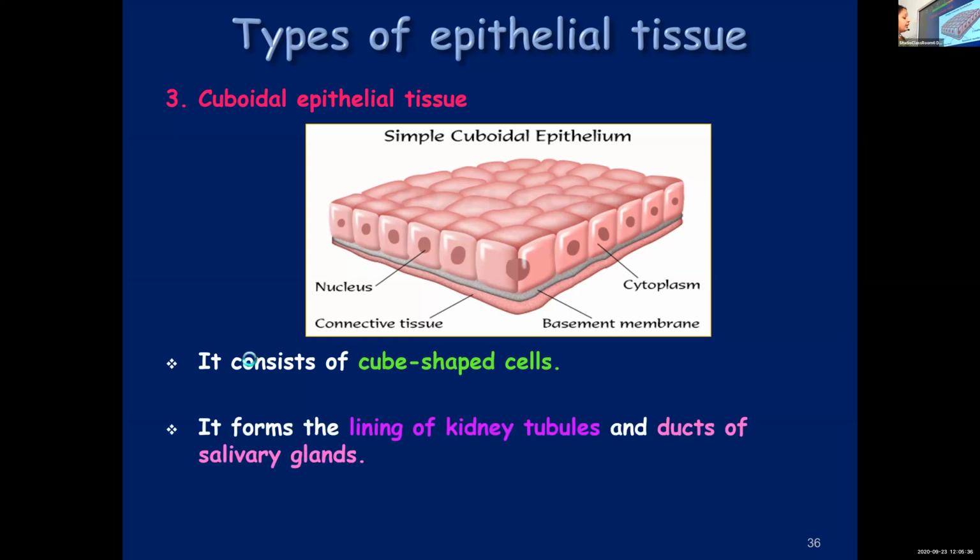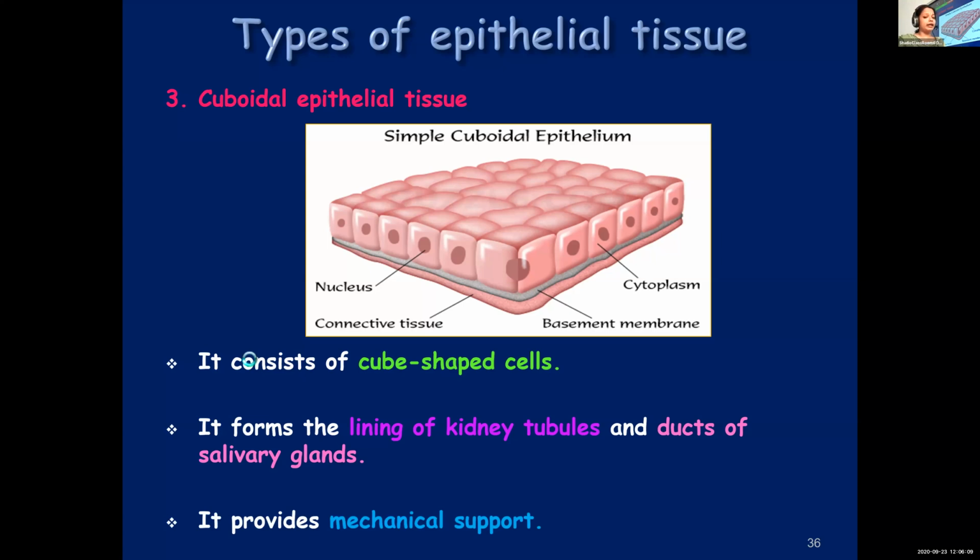And where do you find it? You can find it in the lining of kidney tubules and also in the ducts of salivary glands. Ducts are meant for passage. Salivary glands secrete saliva, and saliva has to pass through these ducts, which carry the saliva. And what function do they perform?